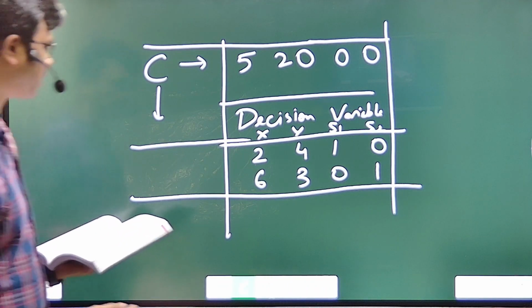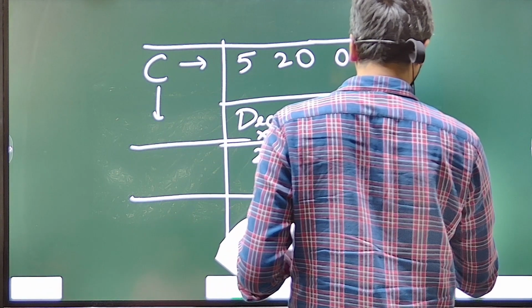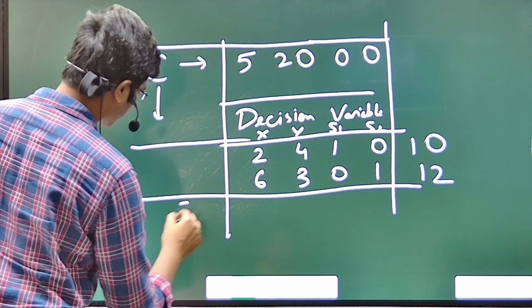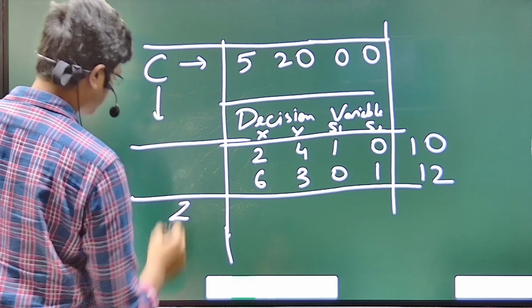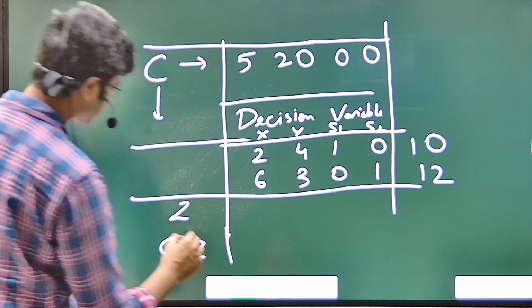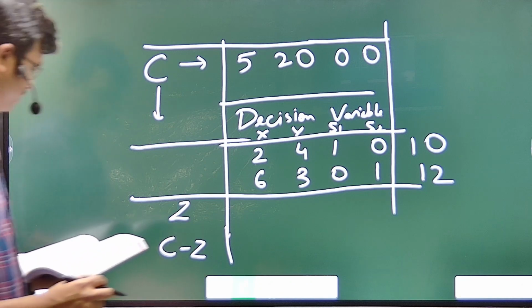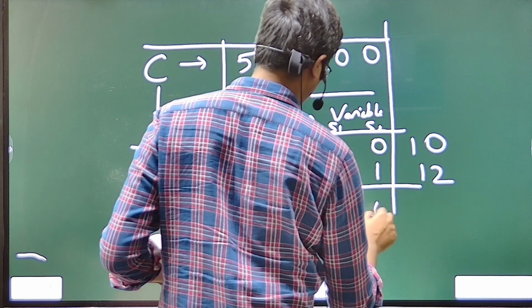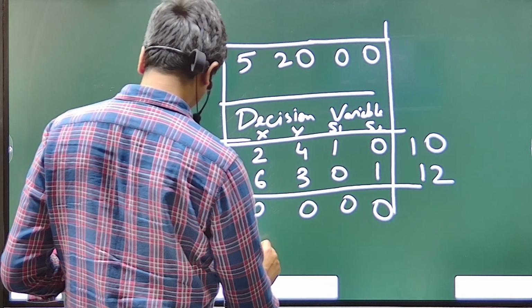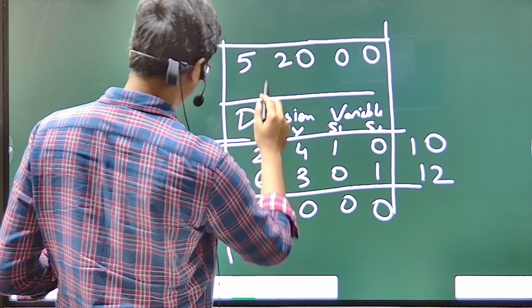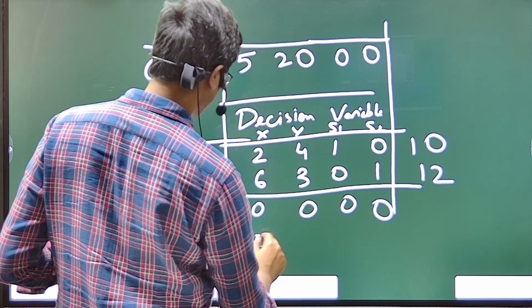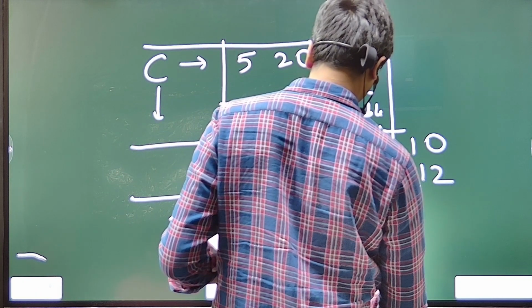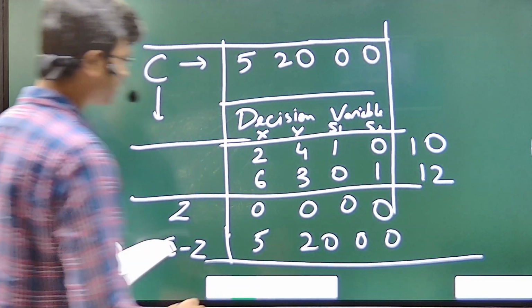Very simple, and here you have your less than. And you have z, and this c which we have taken, we just write that as c minus z. So your z will be 0 and your c minus z will be 5 minus 0, 20 minus 0, 0 and 0. This is just a simplex tableau.